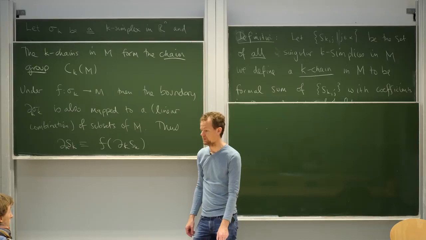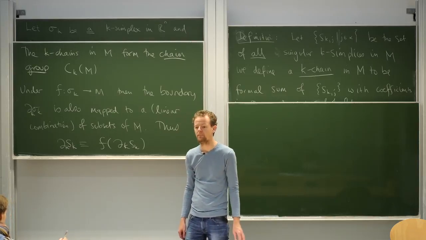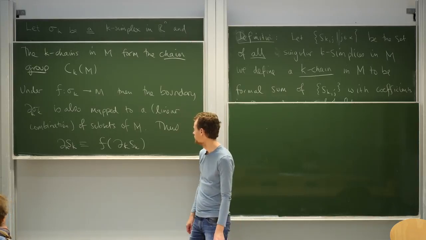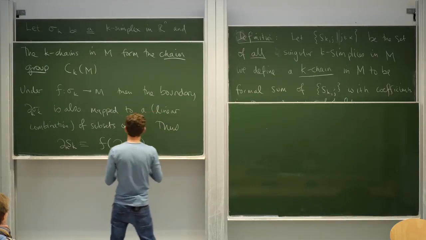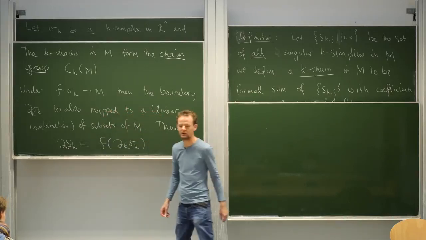For now, let's say finite. Sorry, I think you mean instead of s_k, the second s_k, you mean sigma_k. I do, thank you very much. So instead of s_k, I meant sigma_k.